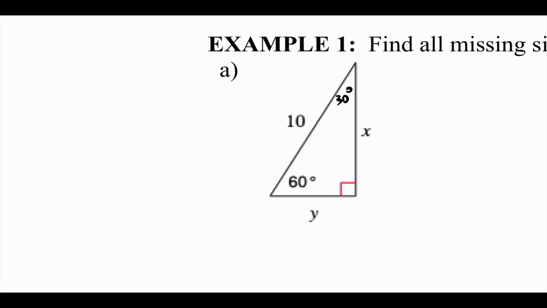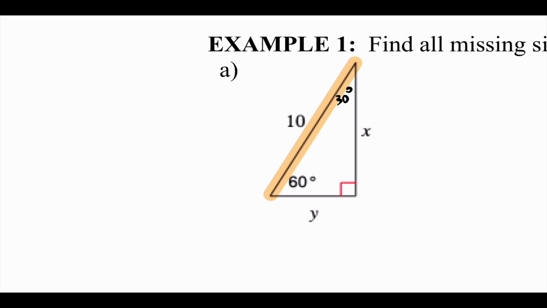I have 3 sides, x, y, and 10. So let's start with 10. What is 10? Is it the short leg? Is it the long leg? Or is it the hypotenuse? It's the hypotenuse, right? Because it's opposite 90 degrees.